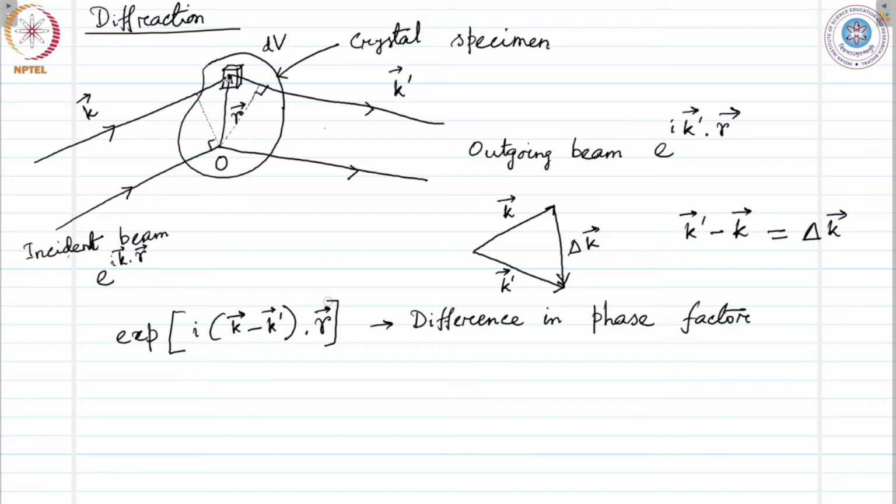So we assume that the amplitude of the wave scattered from the volume element dV is proportional to the local electron concentration in the specimen. So if we have n as the electron concentration, it's of course a function of r. It's the local electron concentration.